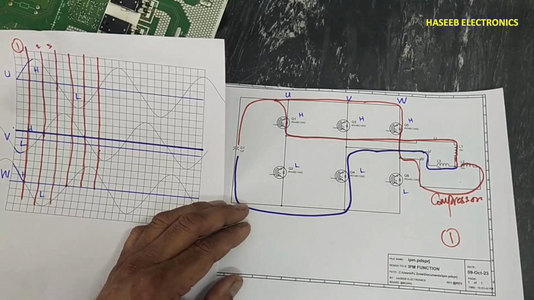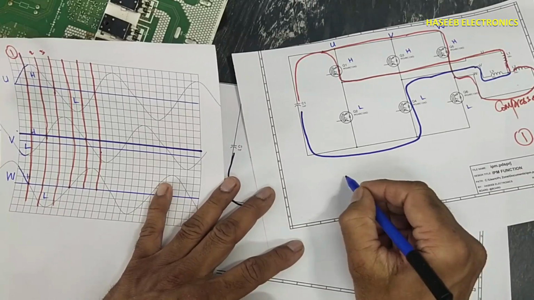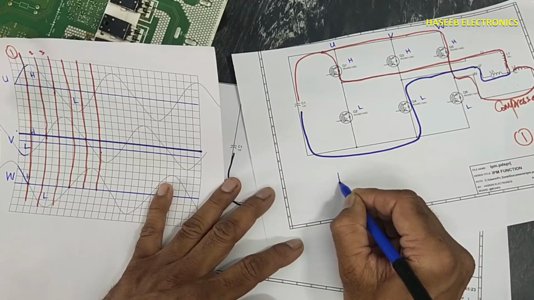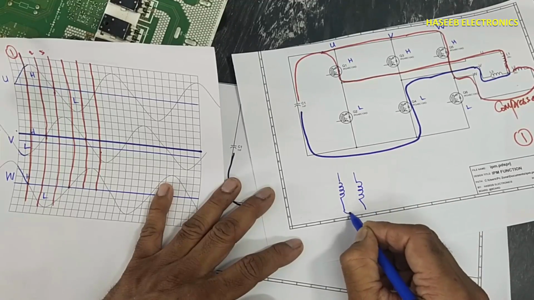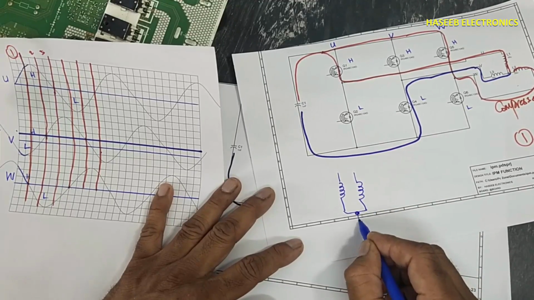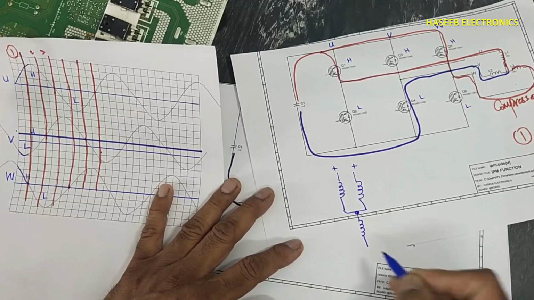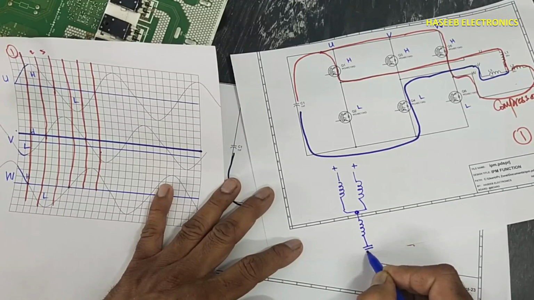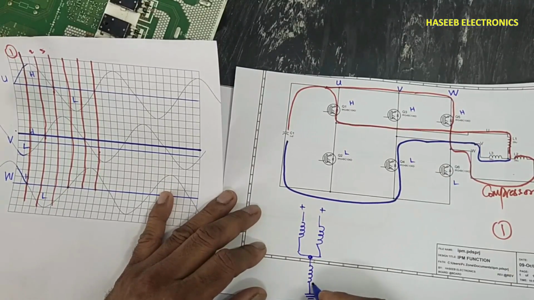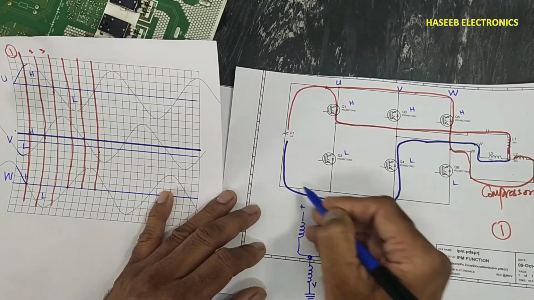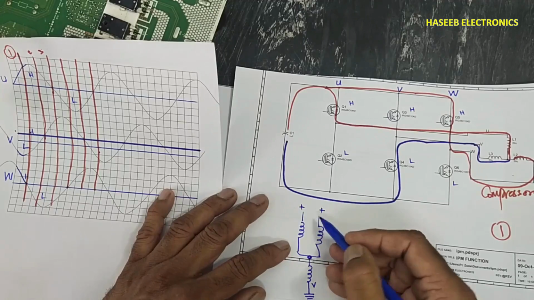We can say I have two windings which are connected to positive voltage, and one winding is providing the return path. How? This winding V is providing the return path, and this winding is receiving positive voltage.